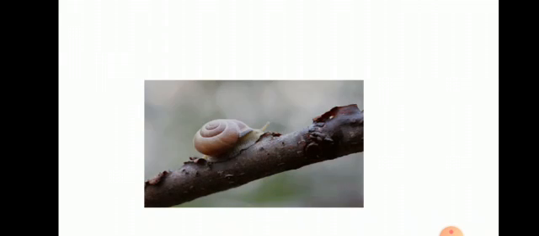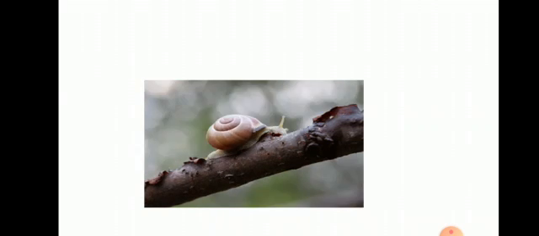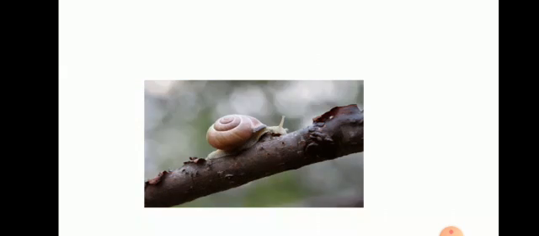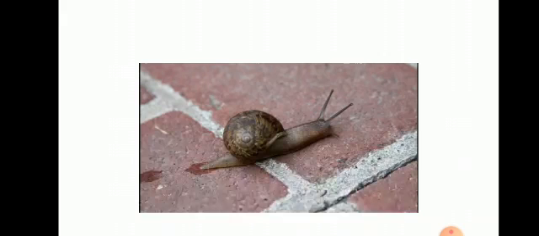They glide along a solid surface which is lubricated with mucus. This is powered by successive waves of muscular contraction of the foot.